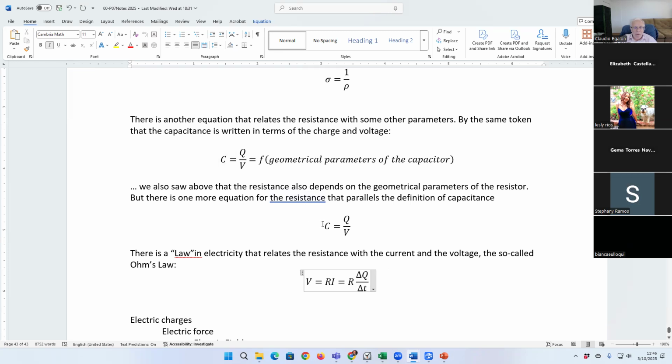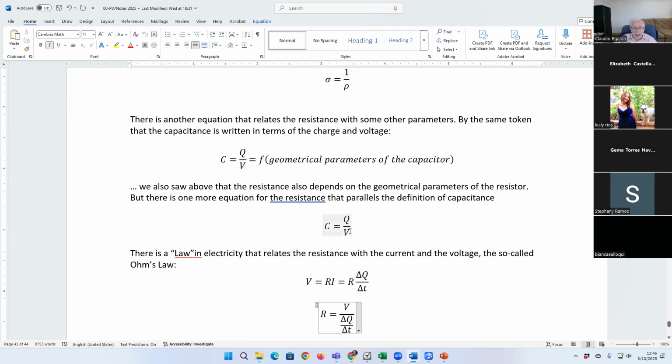If C is equal to Q over delta V, I'm going to write this equation in terms of R. Okay, R is going to be given in terms of V divided by delta Q over delta T. Okay?